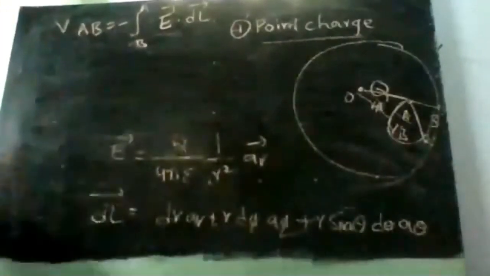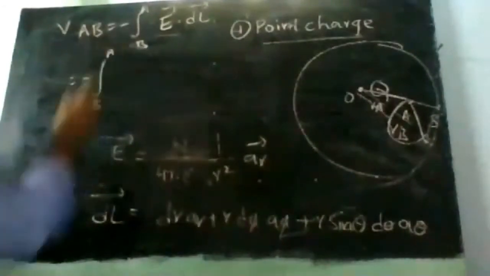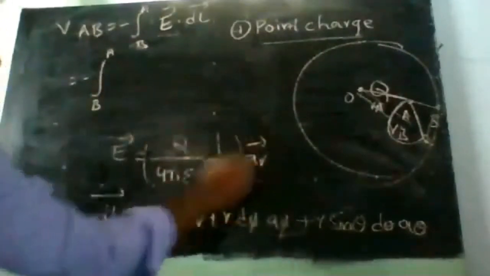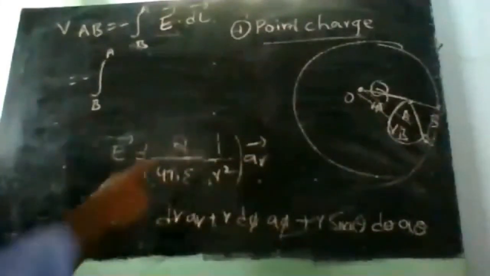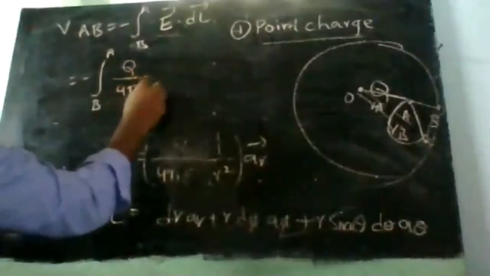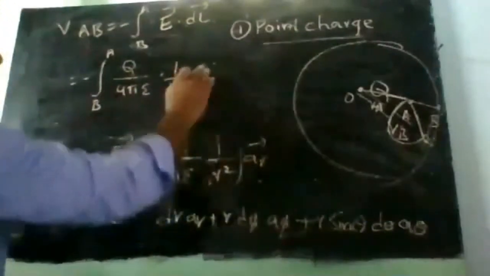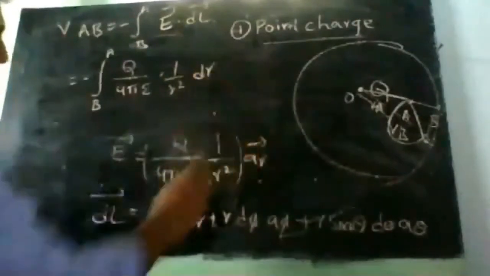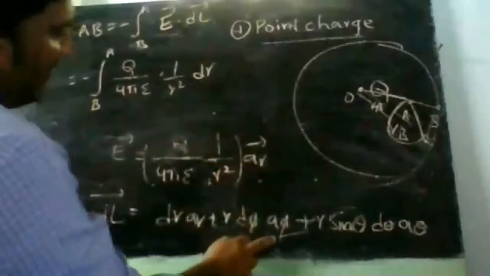So VAB is equal to minus integral B to A E bar dot DL bar. E bar is this, and DL bar is this. So when I take the dot product, AR dot AR is 1, so the magnitude will remain Q by 4 pi epsilon 1 by R square, and dr. Next, AR dot A phi is 0.